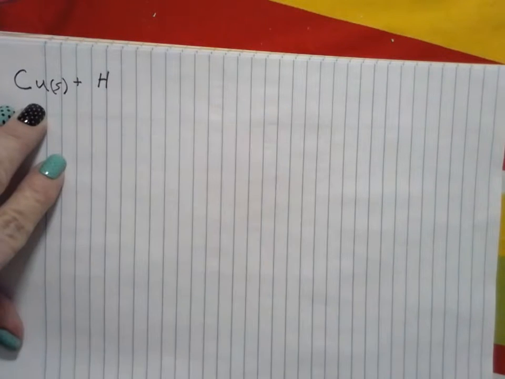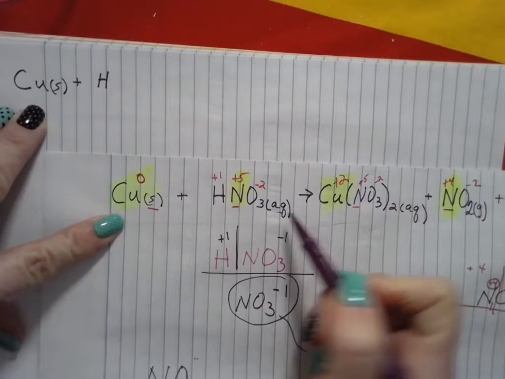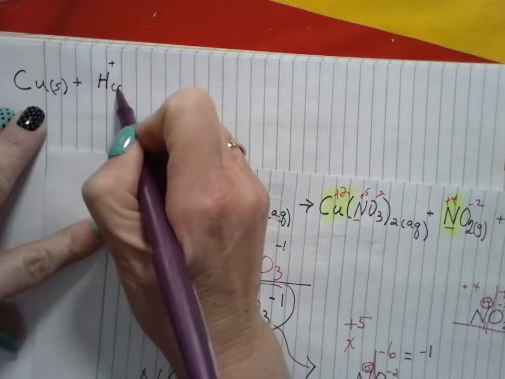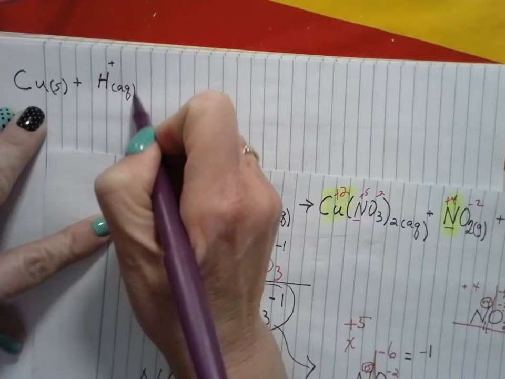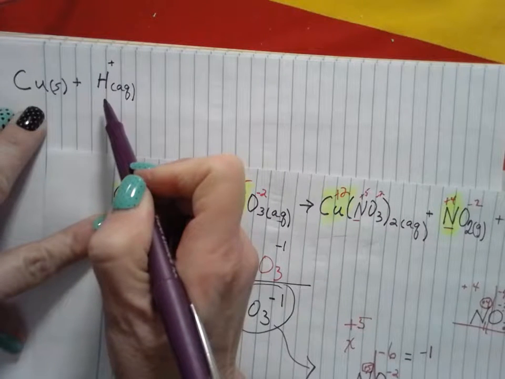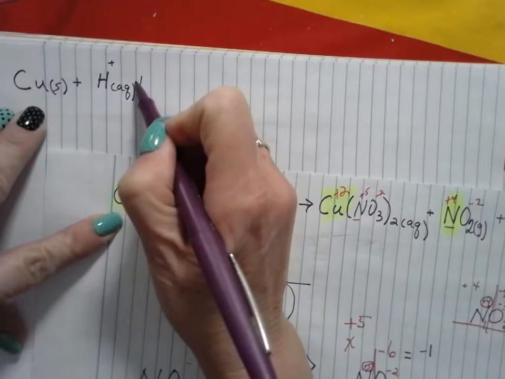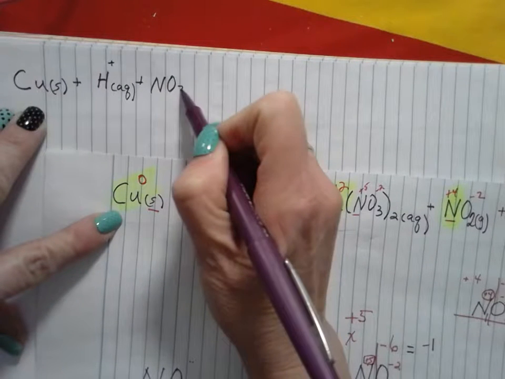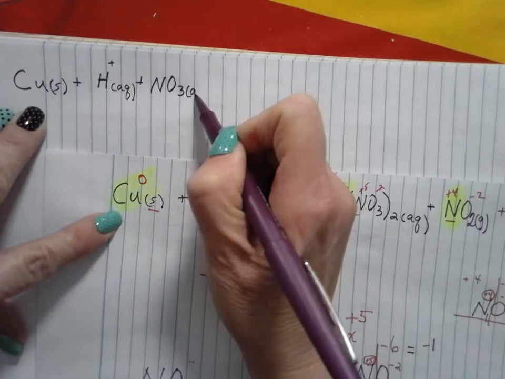Remember that our nitric acid is in the aqueous phase. That means they're pulled apart by the water molecules. So in our bucket, we've got hydrogen ions floating freely, and nitrate ions floating freely.